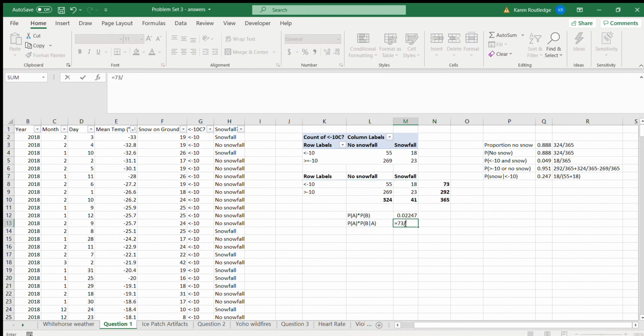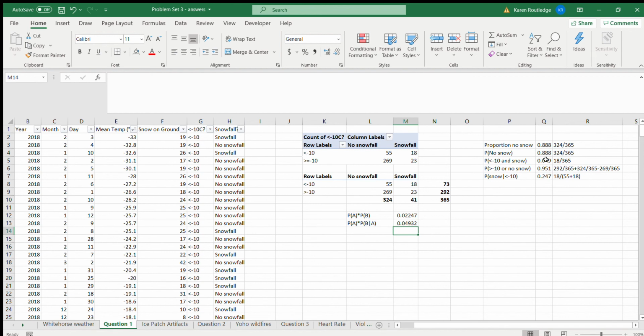The AND rule says we multiply, which we do, but instead of multiplying by B, the snowfall, we need to multiply by B given A, which we just said is over here. So let's multiply it by that. And now we see, if we account for the fact that they are not independent, so this is B given A, then the probability is not 2%, it is actually 5%, which matches what we did just taking the numbers straight out of the table.